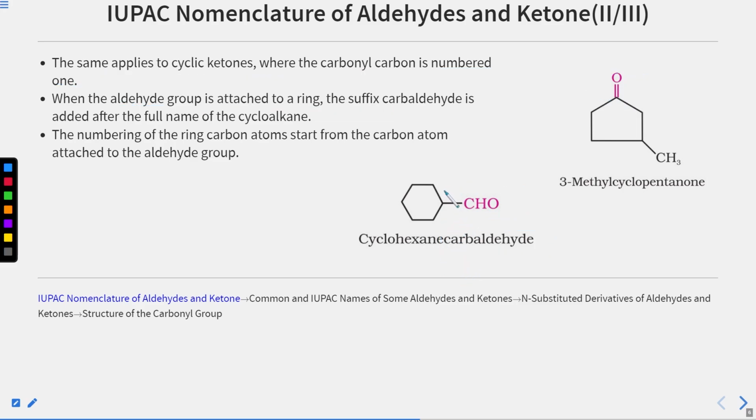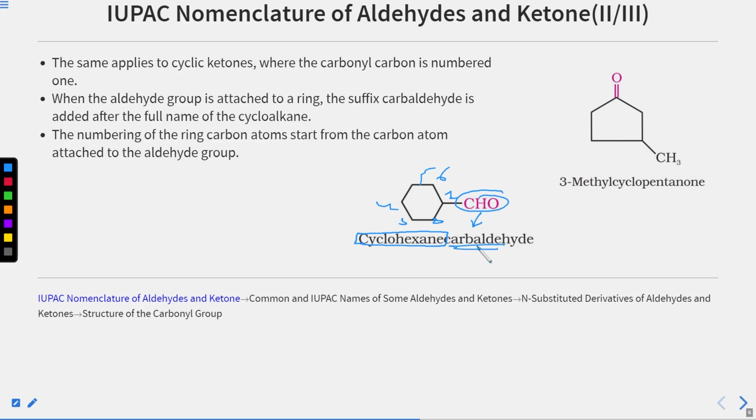So how many carbons are there? You can see it very clearly: 1, 2, 3, 4, 5, 6. So we have 6 carbons and they are present in a ring. So we'll write it as cyclohexane. Again, as I told you in the beginning, this CHO group will be written as carbaldehyde.